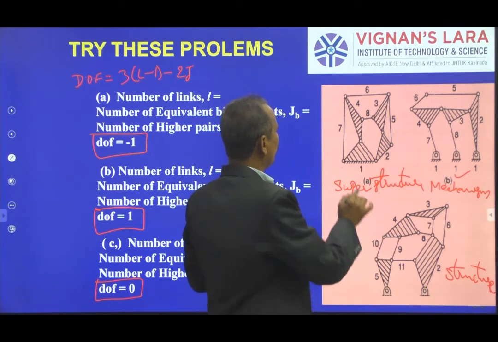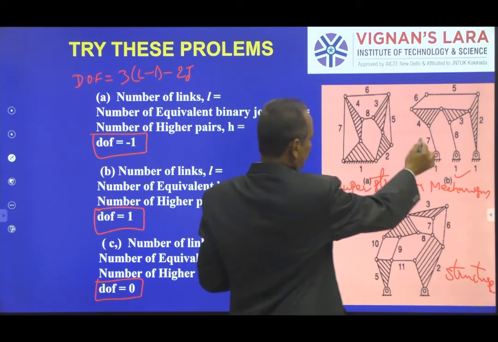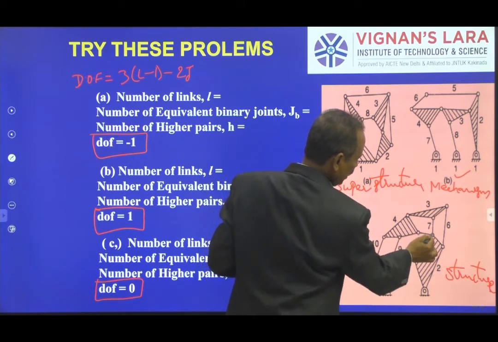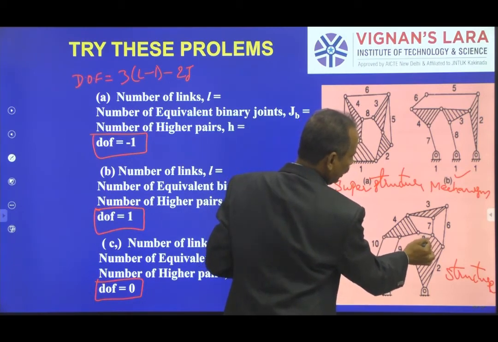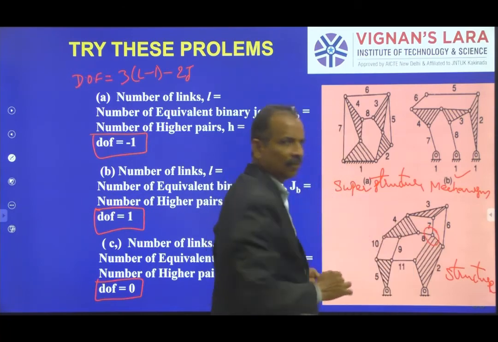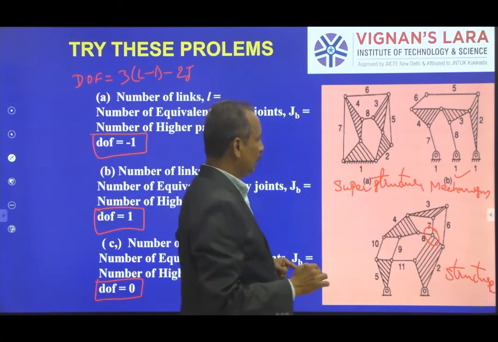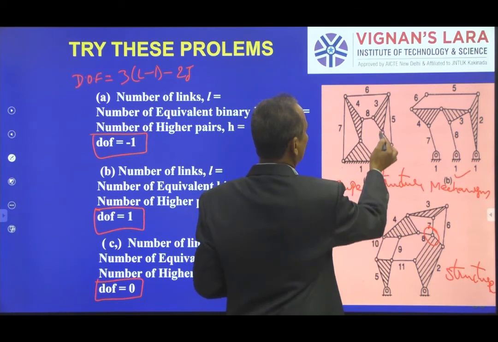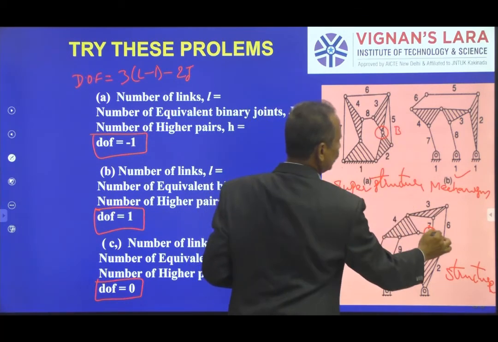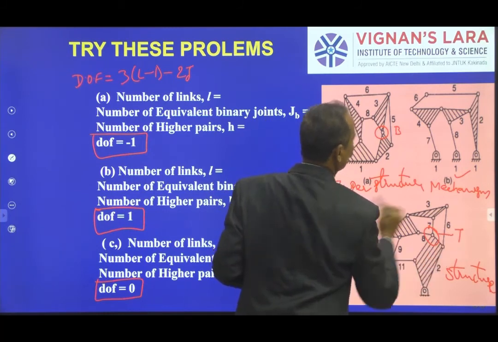You can see here in these mechanisms, let us take one point, yes, this point. Here 8th link, 7th link and 2nd link. There is a ternary joint. Like you can see here, this is only a binary joint. This is a ternary joint.